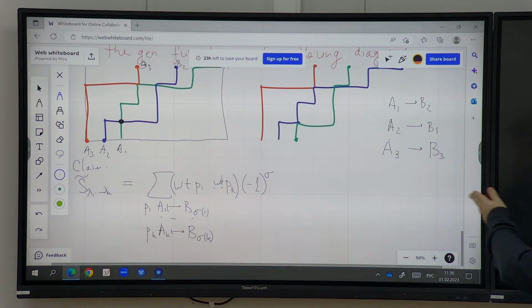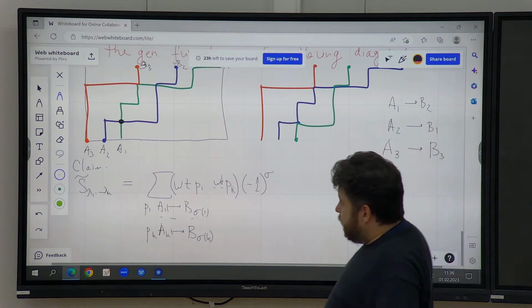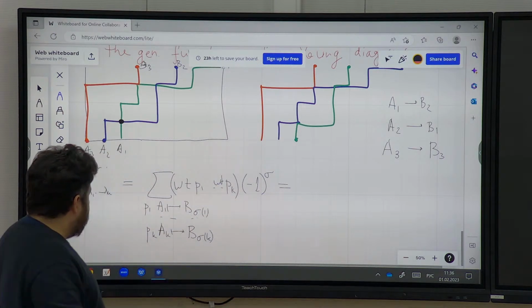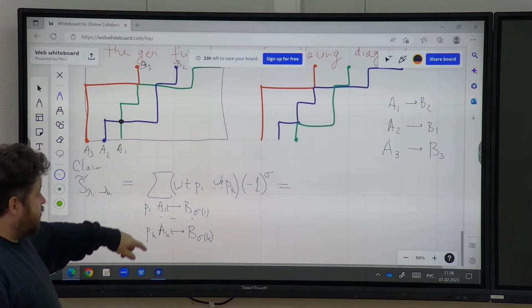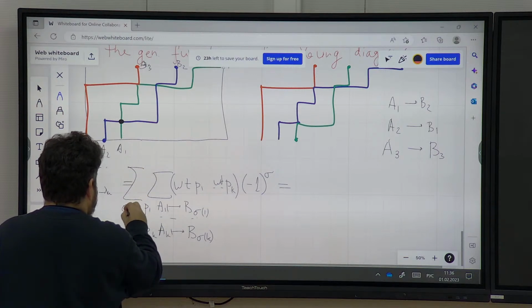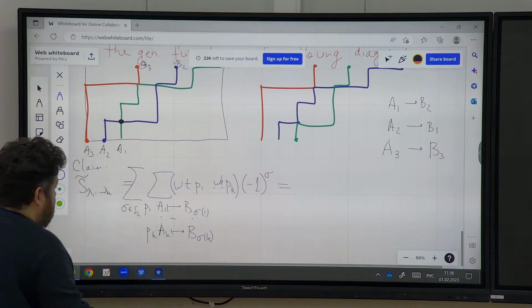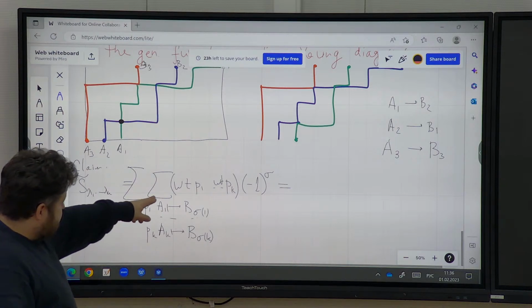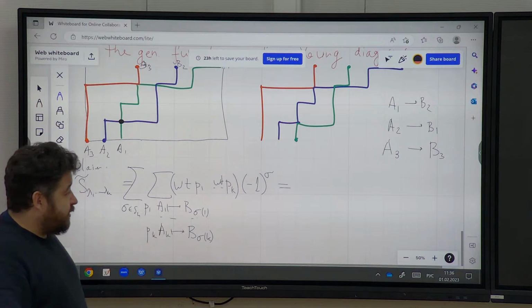Okay, and well, what about this one? So I need to sum up all the weights in each such summand. So the sum, let's say the sum over sigma in S_n, and this will be, as we know, some product of h, right?